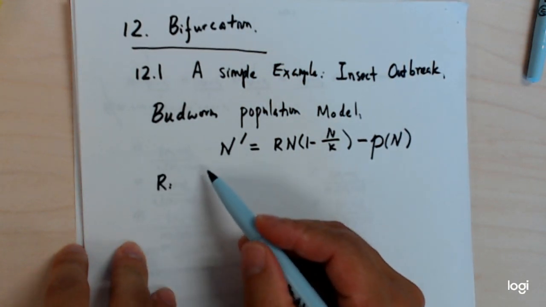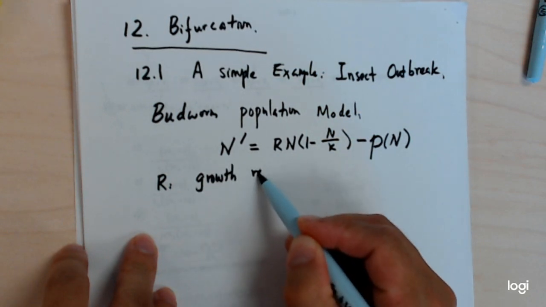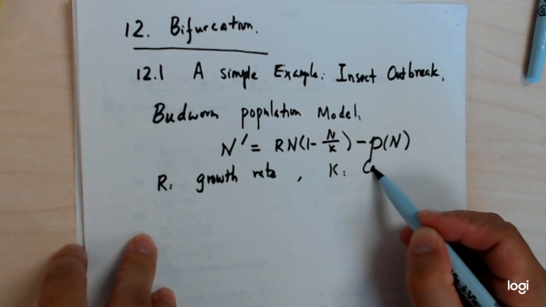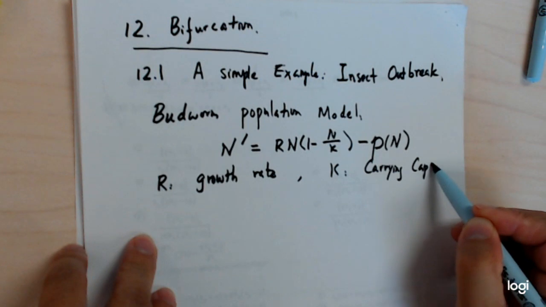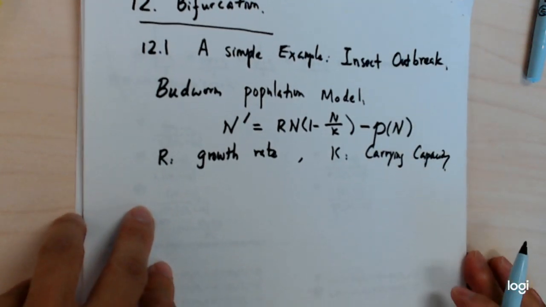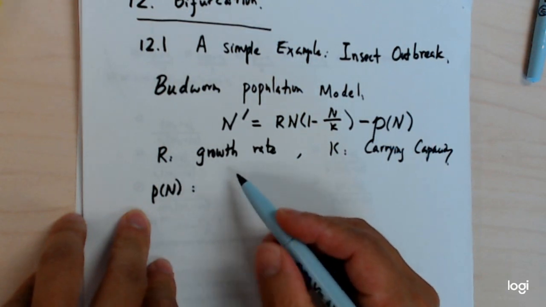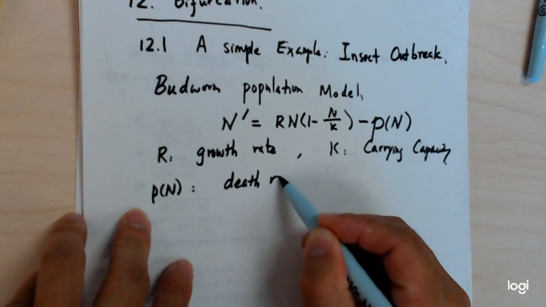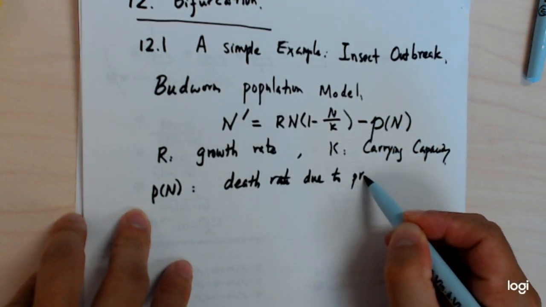So R here is the growth rate. K, as we know it, is the carrying capacity. P of n is the death rate of the budworm. This is due to, well, predation.